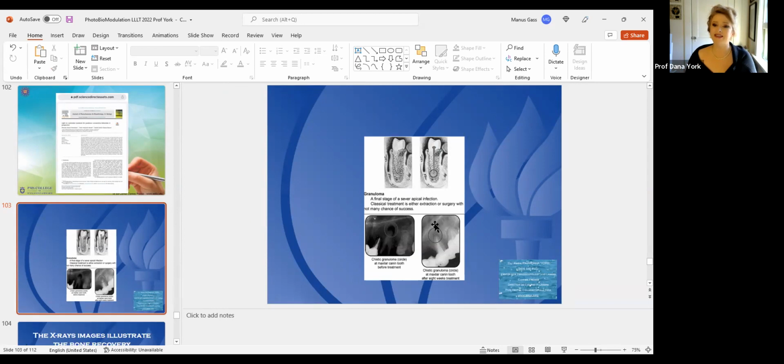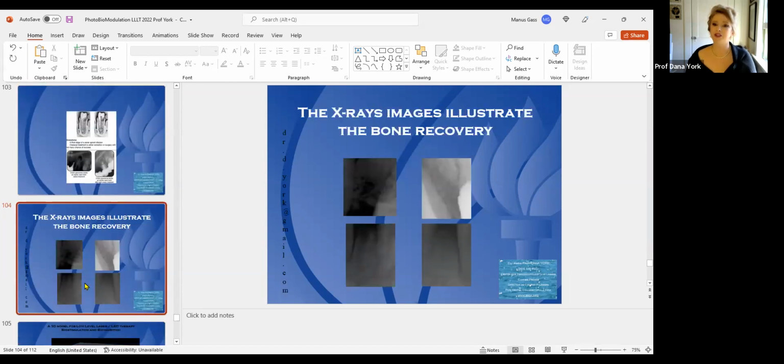In 8 weeks, we found no more lesion, no more empty space, and the bone around is better healed. We put a lovely bridge after all, and we said this is causing this bone regeneration.